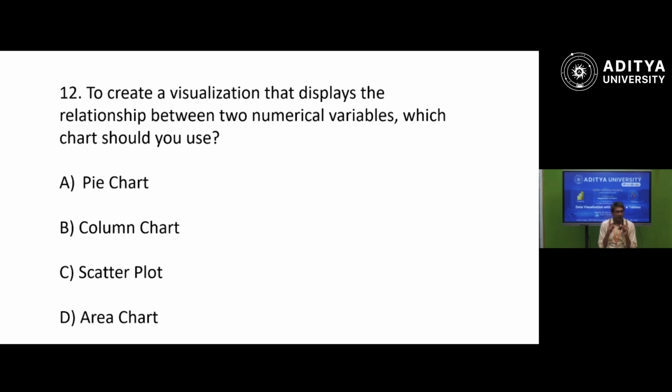If it is between two numerical variables, for example, experience and salary, both are numerical. We need to go for the scatter plot. Scatter plot will be the good idea.